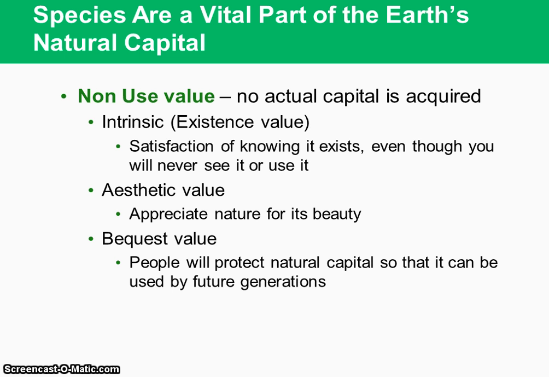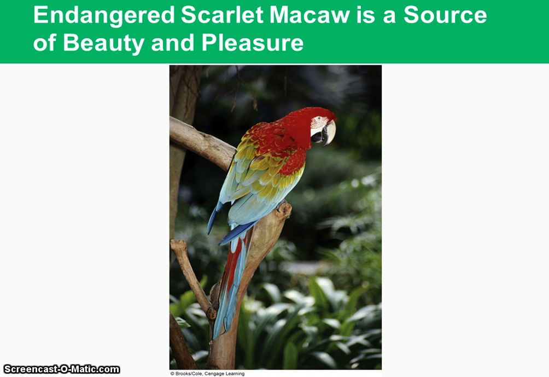But bequest, there's a famous Native American saying that I'm going to butcher here, but it's basically saying we do not inherit the earth from our ancestors, we borrow it from our children. And that's the idea of bequest, that we need to take care of nature so that we can then pass it on to our children and future generations.